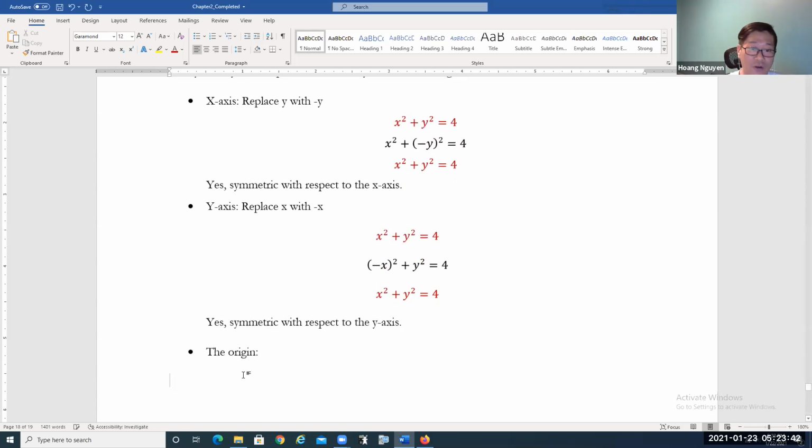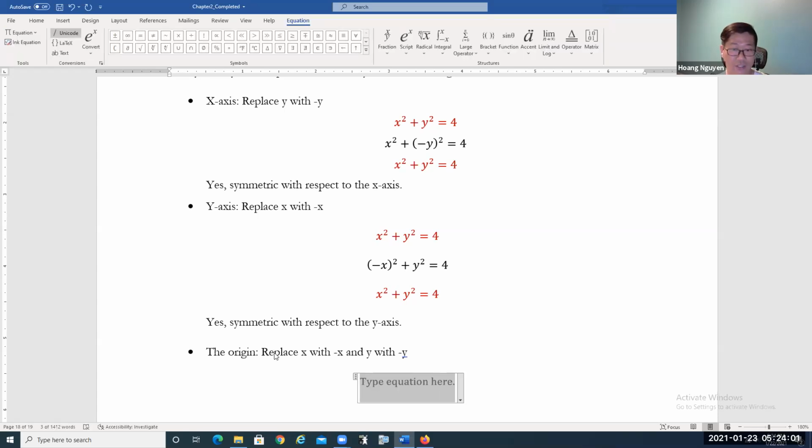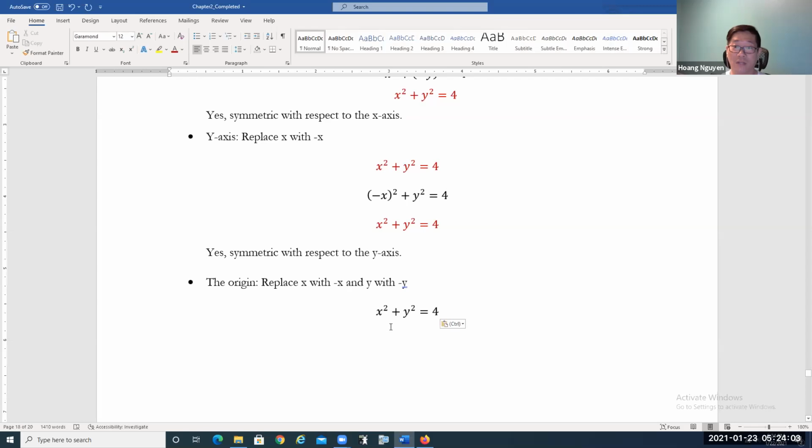Now the last portion, we're going to check for the origin. Anyone remember how we check for the origin? We replace x with negative x and y with negative y, and let's see if we have an equivalent equation. Once again, I'm just going to print out the original equation and leave it there.